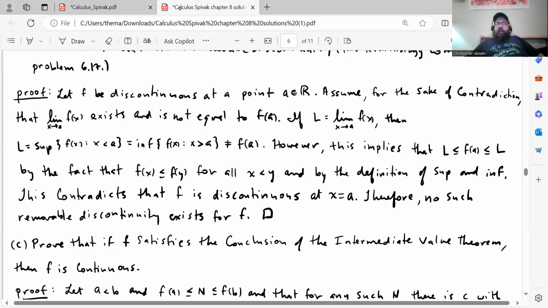However, this implies that f of a is greater than or equal to L and less than or equal to L, by the fact that f of x is less than or equal to f of y for all x less than y, and by definition of the supremum and the infimum. Again, that follows from the previous part. This contradicts that f is discontinuous at x equals a, therefore no such removable discontinuity exists for f. And that's it.